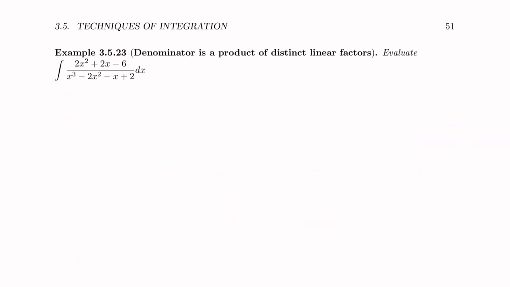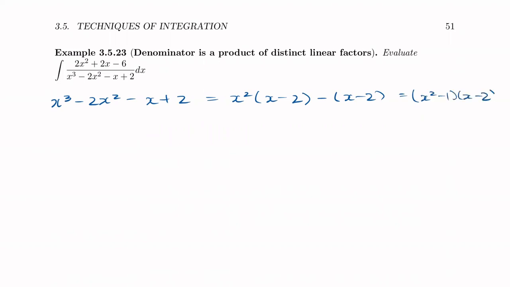So first observe that x cubed minus 2x squared minus x plus 2 is also the same as x squared times x minus 2, subtract x minus 2. So that's also x squared minus 1 times x minus 2. So that's also x plus 1, x minus 1, x minus 2.